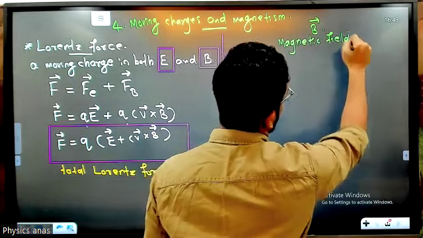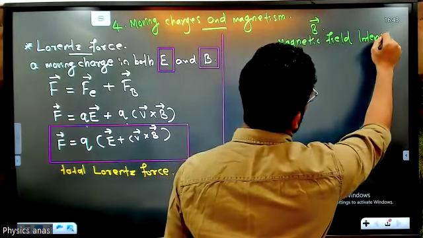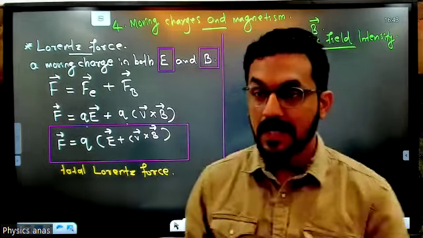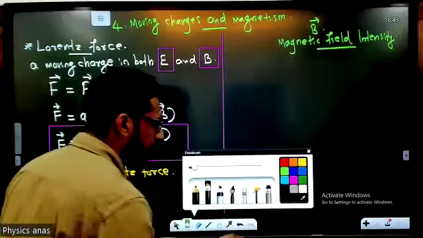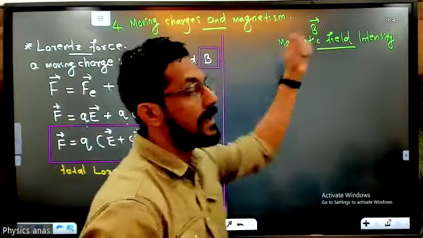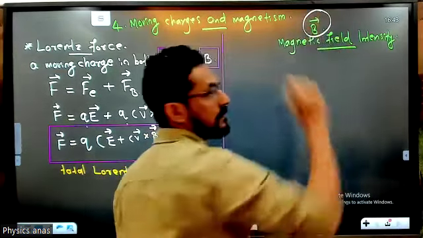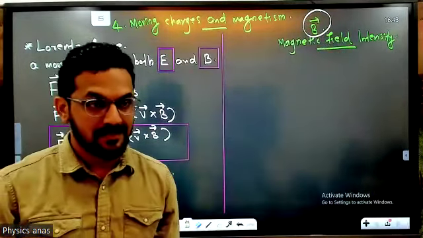Don't write it now, I will explain it after that. Magnetic field intensity can be represented with the letter B, and it is a vector.